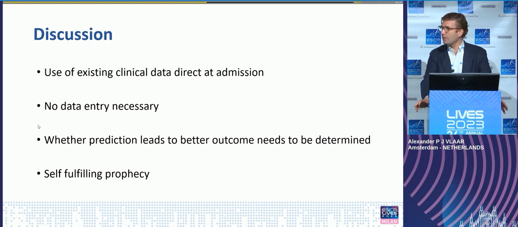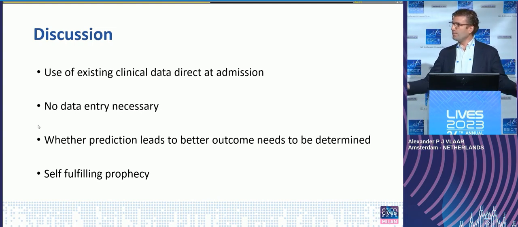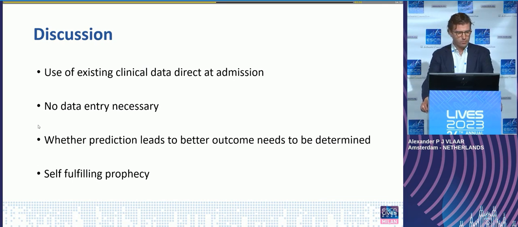So it uses existing clinical data from admission. In this setting, there was no data entry necessary. I saw some pictures people took from this risk score from the UK, but actually your perfect setting would be that it's incorporated in your patient system. Of course, the big question mark is that if we know the risk, if we can predict the bleed, we need to have some solution for this patient group, and this is of course what we need to do with trials.